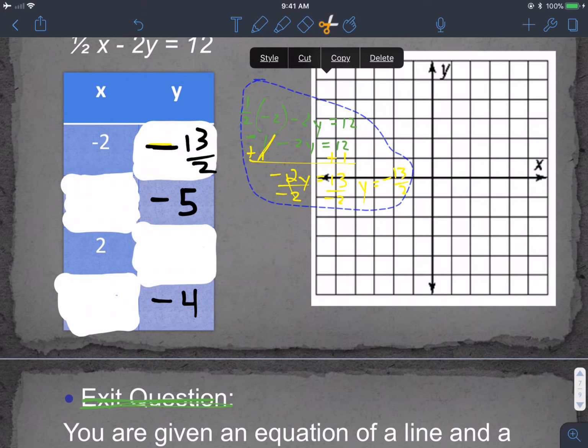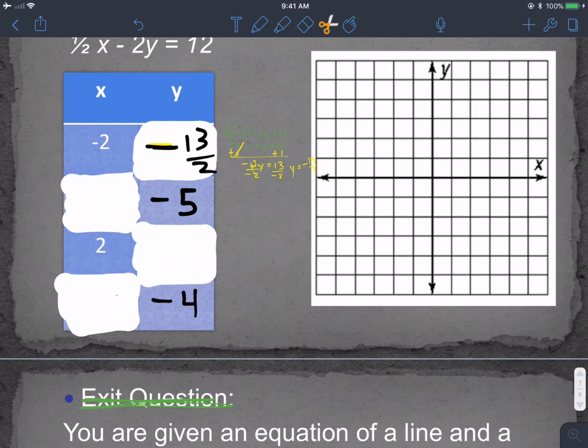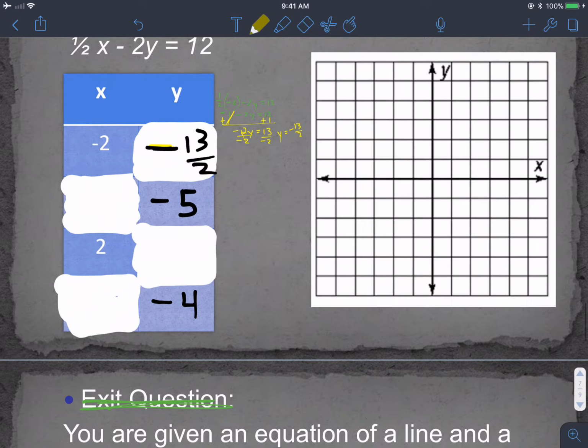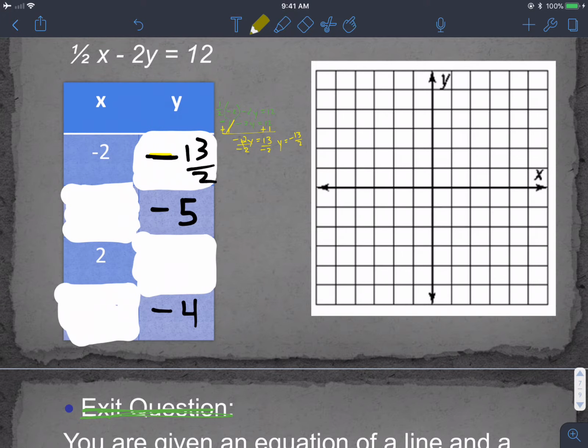If you wanted me to leave it up there or leave it big, just let me know. Okay, for the negative 5, that's under the y. Now I'm going to plug it in for the y, and I'm going to write positive 1/2 x minus 2 parentheses negative 5 equals 12.